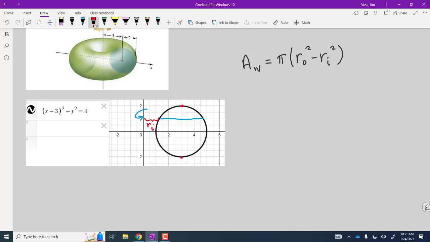We're breaking apart this circle into a semicircle on the left and a semicircle on the right. The semicircle on the left is going to be the left curve. The semicircle on the right is going to be the right curve. And the outer radius is going to be all the way over to there. So the inner radius is from the axis of rotation to the left semicircle, and the outer radius is going to be from the axis of rotation to the right semicircle.